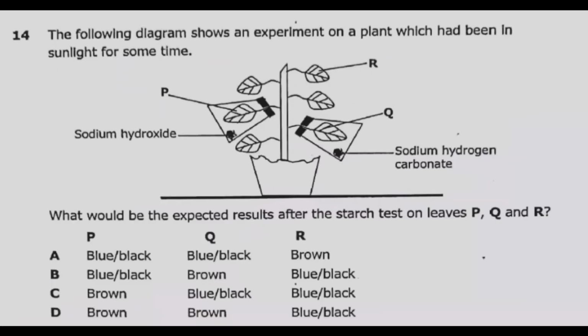The following diagram shows an experiment on a plant which had been in sunlight for some time. Okay, so that is the plant. And we have got sodium hydroxide and sodium hydrogen carbonate. So the question is, what would be the expected results after the starch test on leaves P, Q, and R?